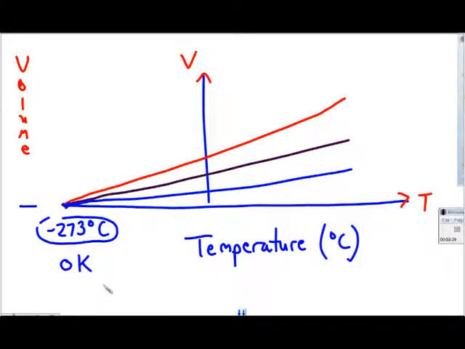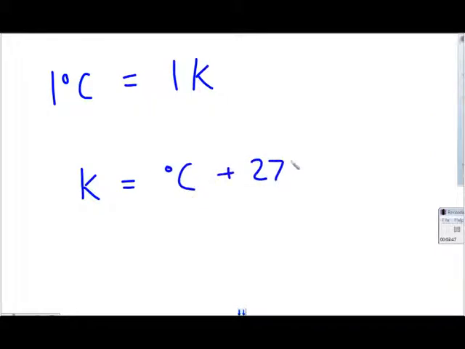And so what they did is they just shifted everything up 273 degrees, and they made absolute zero 0 Kelvin. 0 Celsius would now be 273 Kelvin. And so we see a relationship here. 1 degree Celsius is still equal to 1 degree Kelvin. So they're equal intervals. It's just that Kelvin is equal to Celsius plus 273.